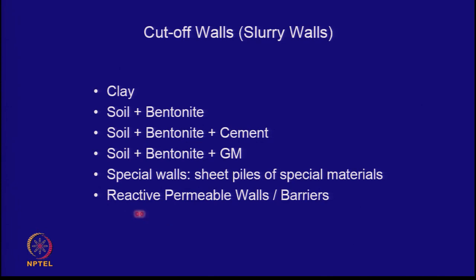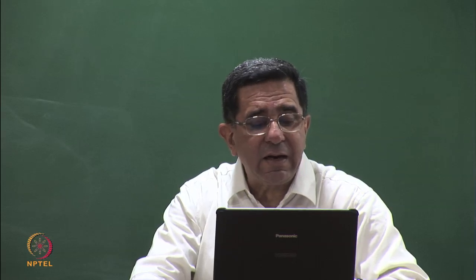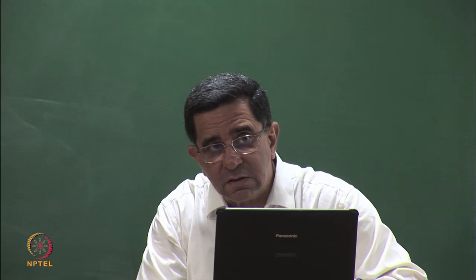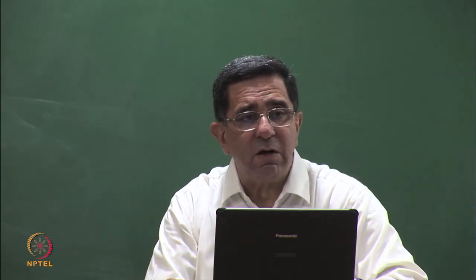There's another word here, reactive permeable walls or reactive permeable barriers. This is something on which I want a self-study by you. What are reactive permeable walls or reactive permeable barriers? These are not barriers, these are pervious walls. The thought is very simple.